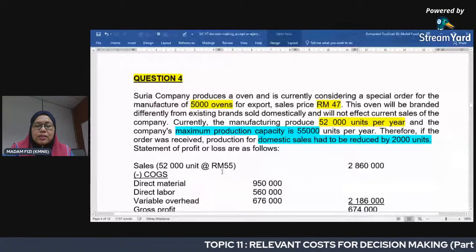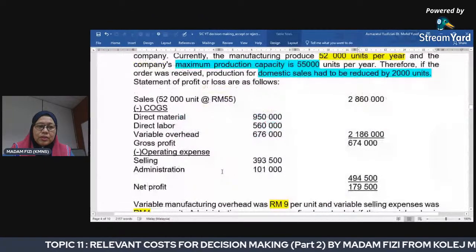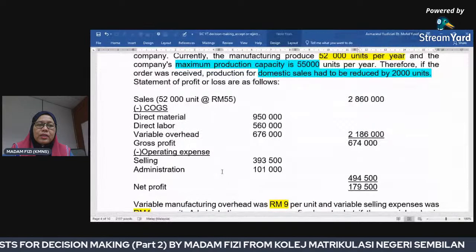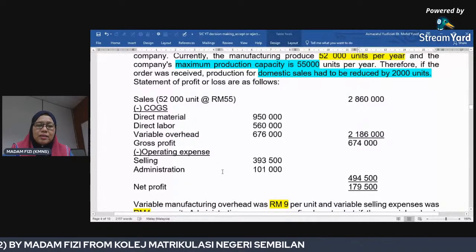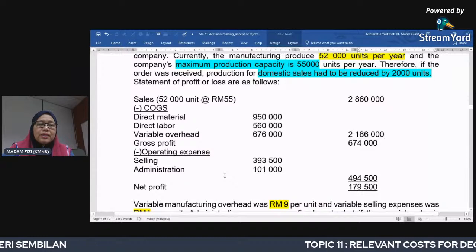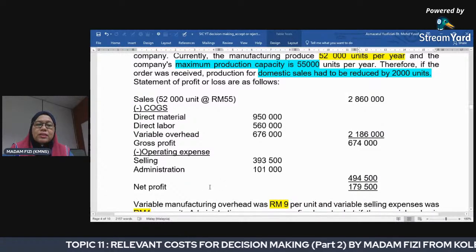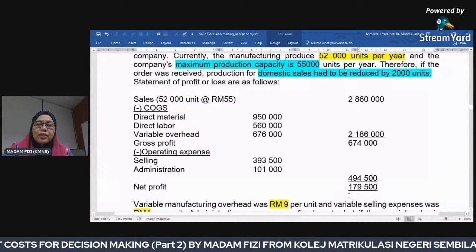So in this question, it given you the sales, and also the cost of goods sold, the direct material, direct labor, variable overhead, and also the operating expenses, selling and administrative. So the net profit for the 52,000 sales, that is the sales yang asal, sebelum terima special order, the net profit is 179,500.